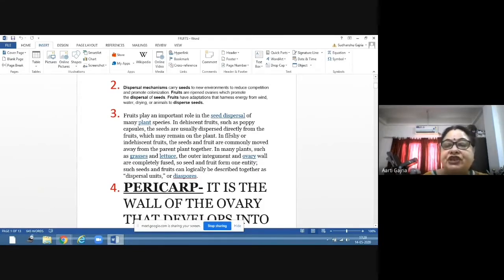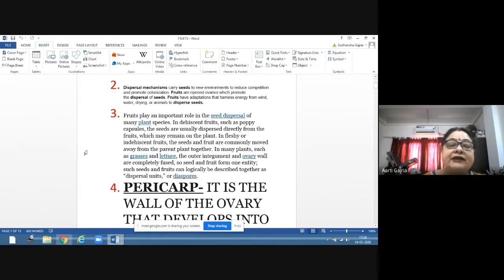In fleshy fruits, the other fruits are fleshy, like guava, oranges. So in fleshy fruits, the seeds and fruits are commonly moved away from the parent plant together. That means the fruit is also removed from the plant and the seeds are dispersed.